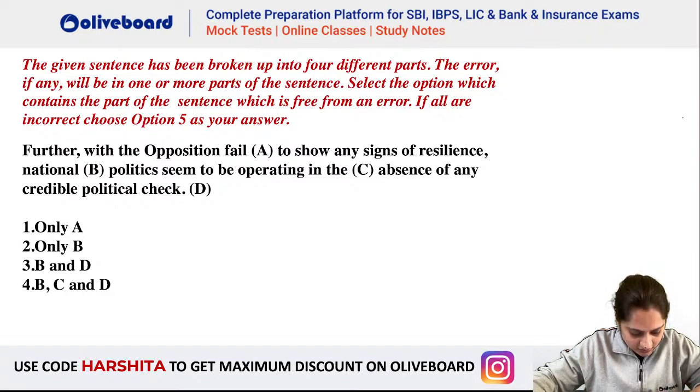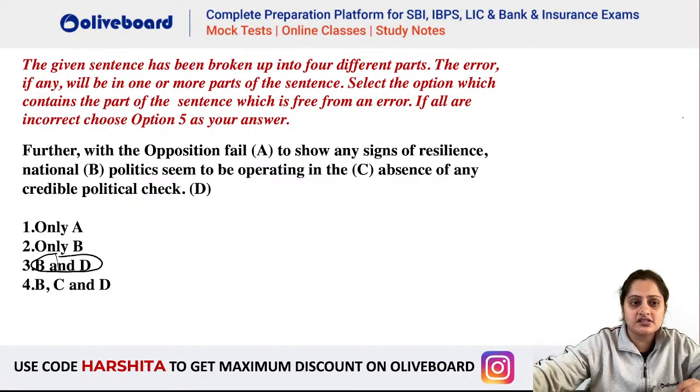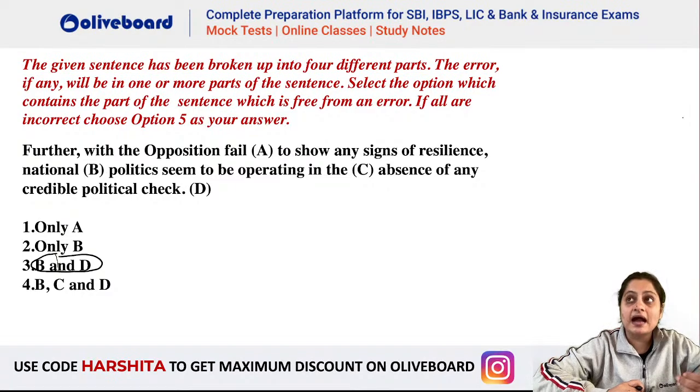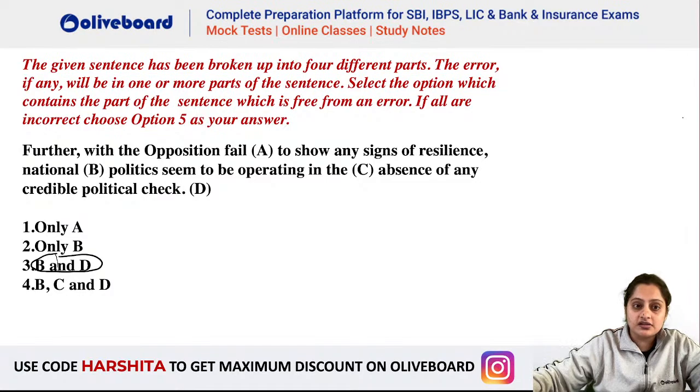Pradhan has given one answer: it will be farther. For this question, the correct option should be 3, by the way. So you have to tell me the errors. Further with the opposition fail, further means ahead, extra, when you are adding a point. You are not showing distance, so you will not write far. Far is for distance. With any, you don't use plural, very common.